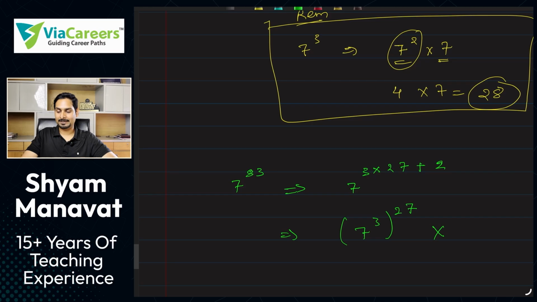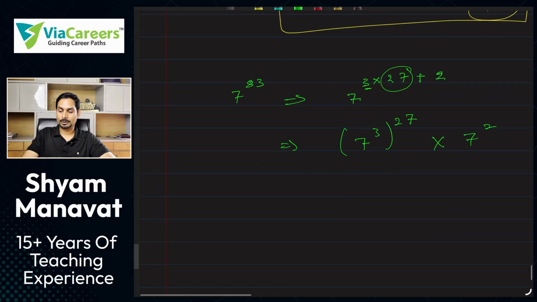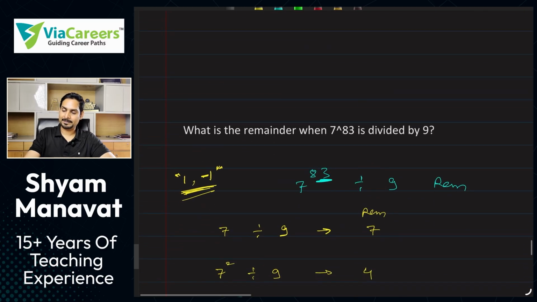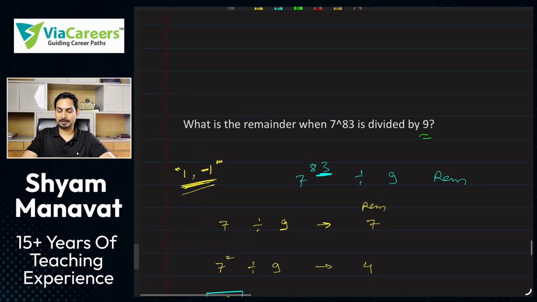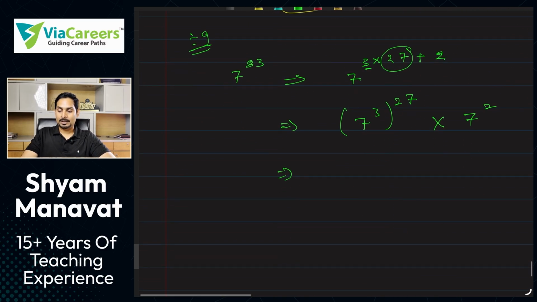I can write this as 7 to the power 3, to the power 27, by the property of indices, multiplied by 7 square. Now here, 7 cube divided by 9, the divisor is still the same, 9 only, which is given in the question. So 7 cube divided by 9 gives remainder 1, and 1 to the power 27 will give you 1 only, multiplied by 7 square, which is 49.